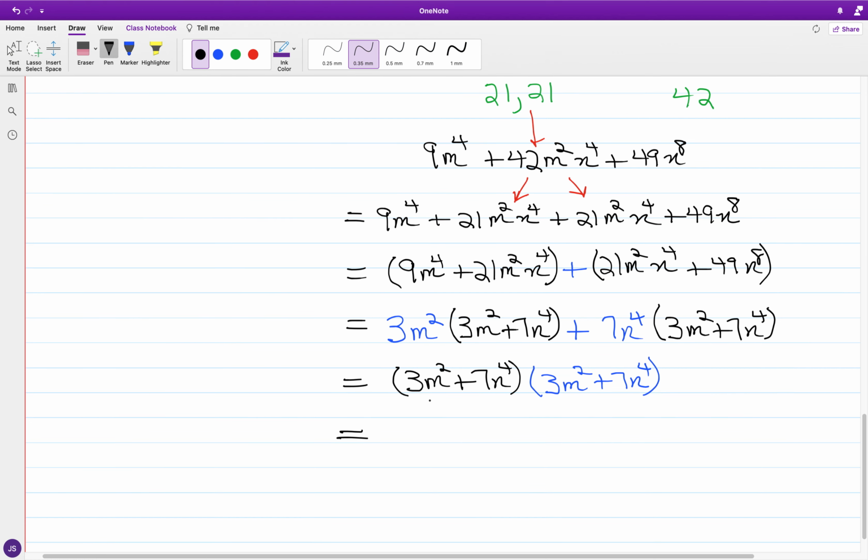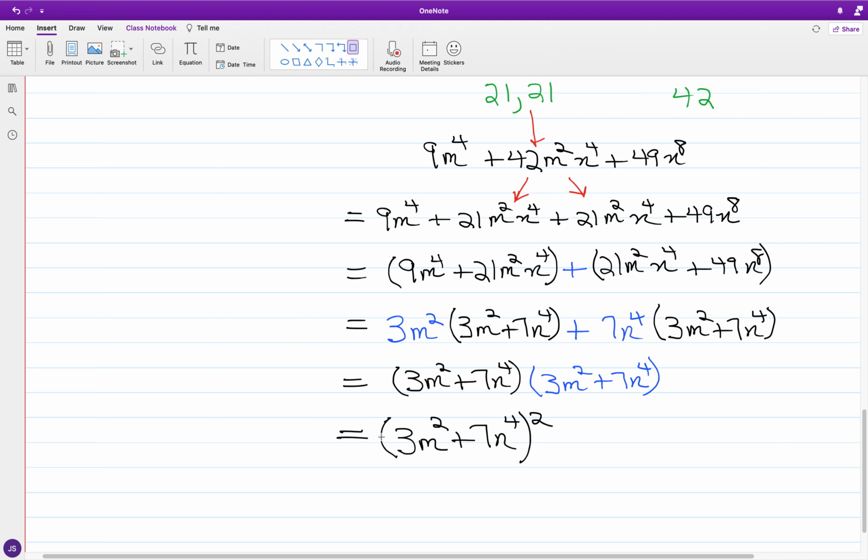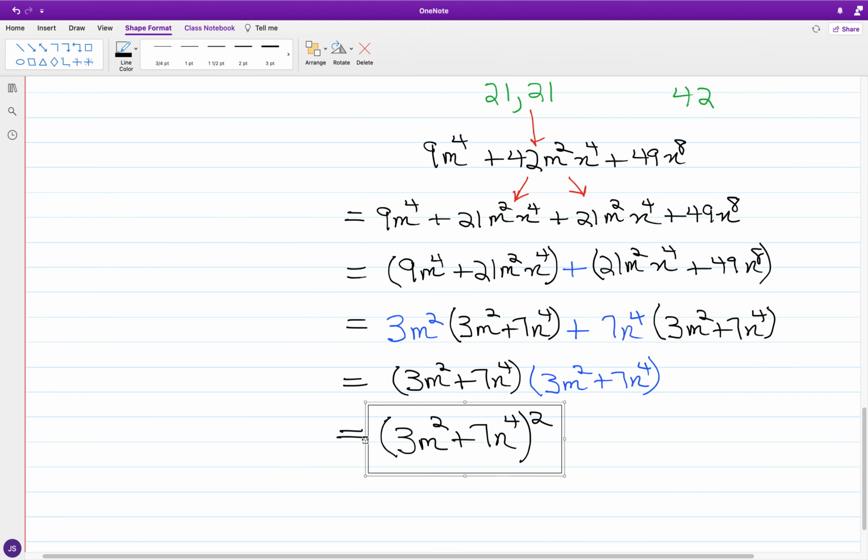So this particular trinomial that we have in number 94 will end up being the square of 3m squared plus 7n to the fourth.